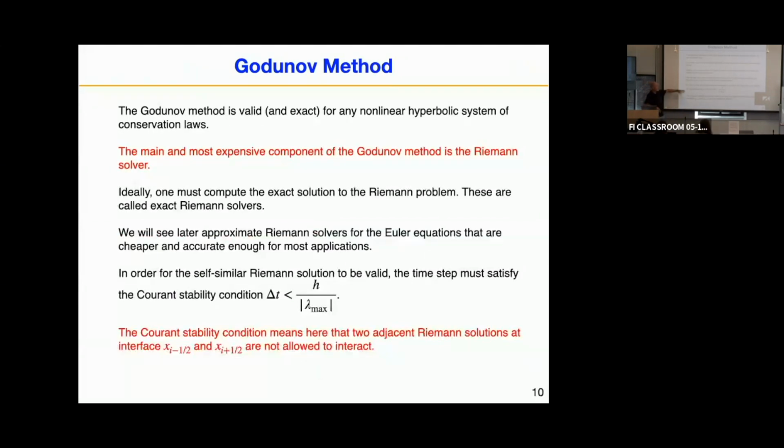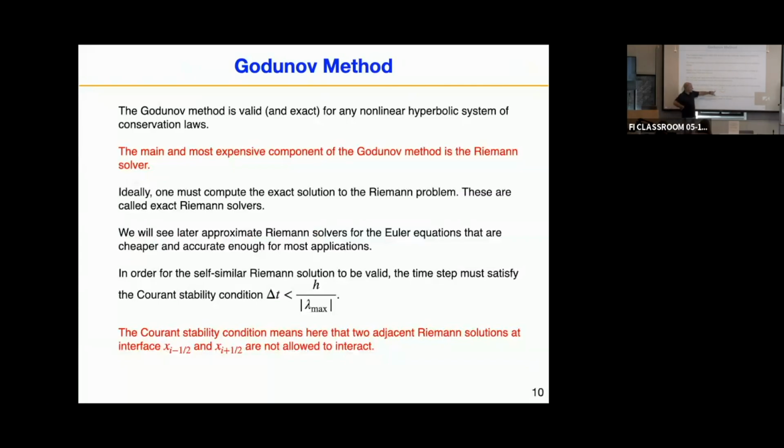So there is a stability condition. I'm not going to spend too much time on that, but the time step has to be smaller than the cell size divided by the largest eigenvalue of the Jacobian matrix, which are also the speed of the waves. When you have a hyperbolic system of conservation laws, it means you have waves, and those waves have a speed.